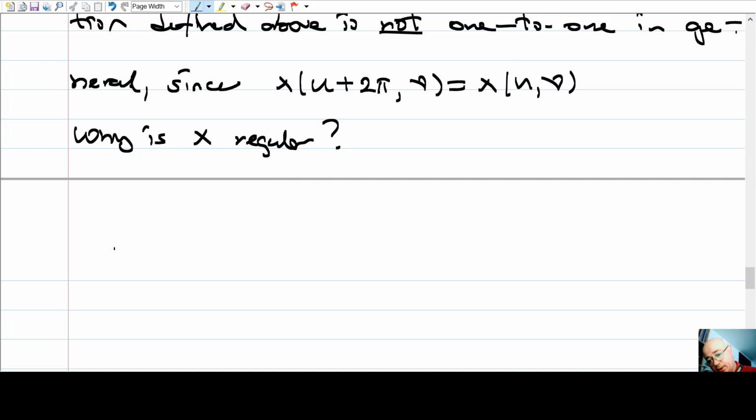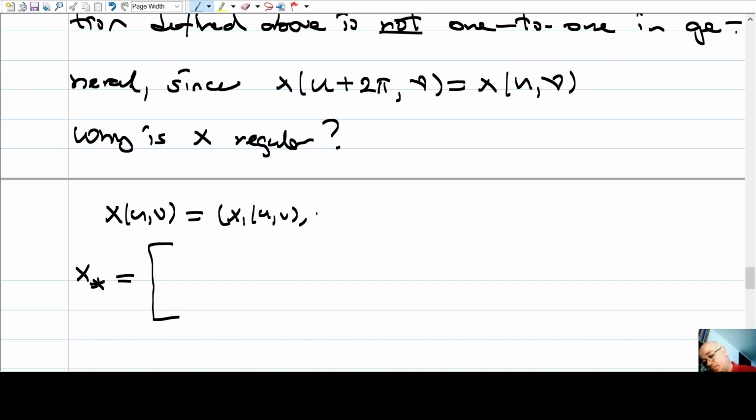The derivative map is given in coordinates by x of u, v, right? x1, x2, and x3.